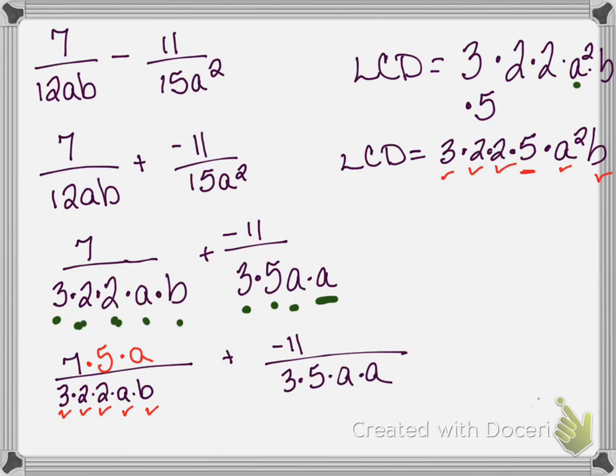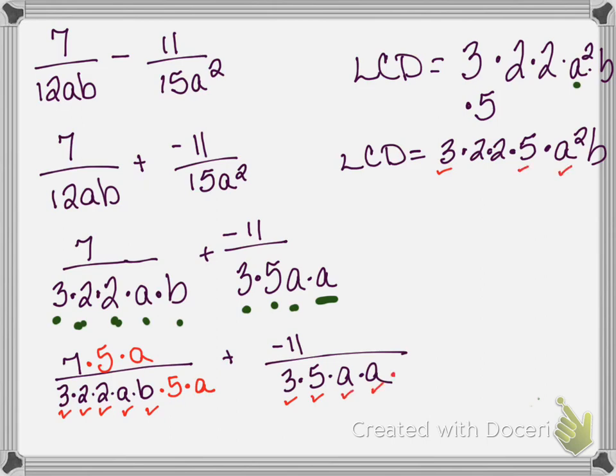Okay? So if I multiply the denominator times 5 and times an A, I have to multiply the numerator times that also. Now I'm going to look at my second one. I have a 3, I have a 5, and I have an A squared.